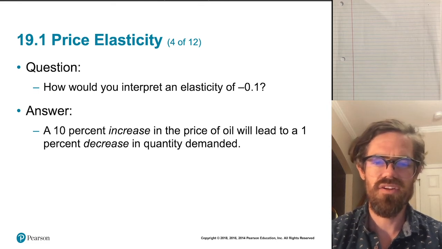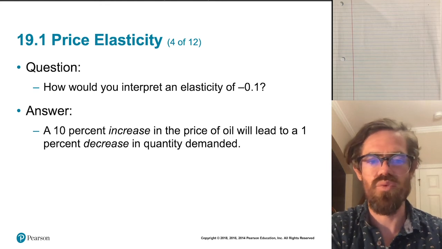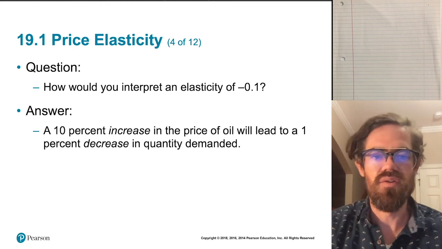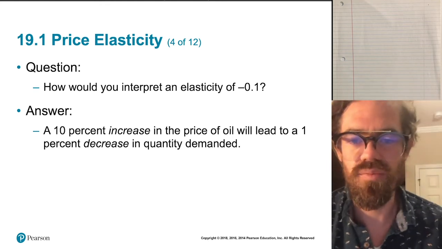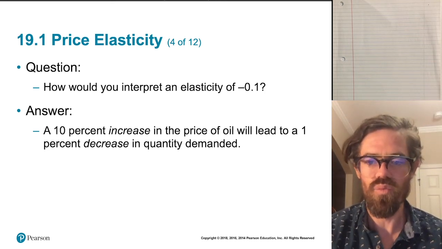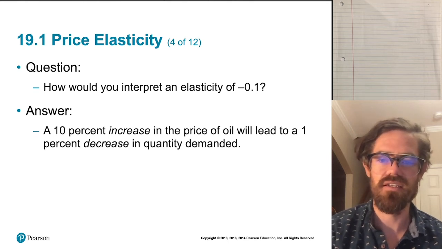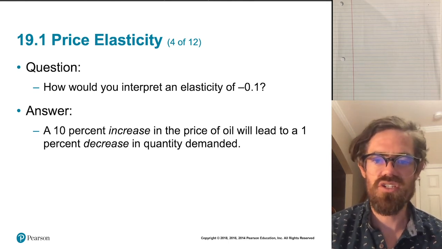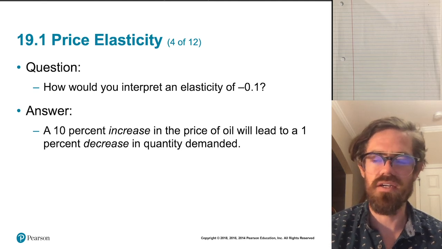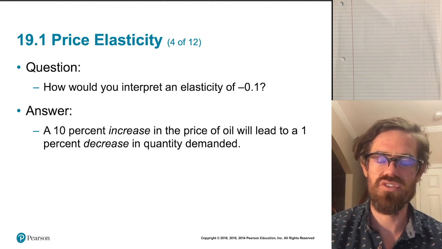Or actually, I'd prefer to think of it as, rather than a 10% increase, a 1% increase. So if there was a 1% increase in the price of oil, it would lead to a 0.1% decrease in quantity demanded. Right? So that's basically what it's telling us. If price changes by 1%, how does quantity demanded change? That's what it's telling us. And again, that change is in percentage terms.